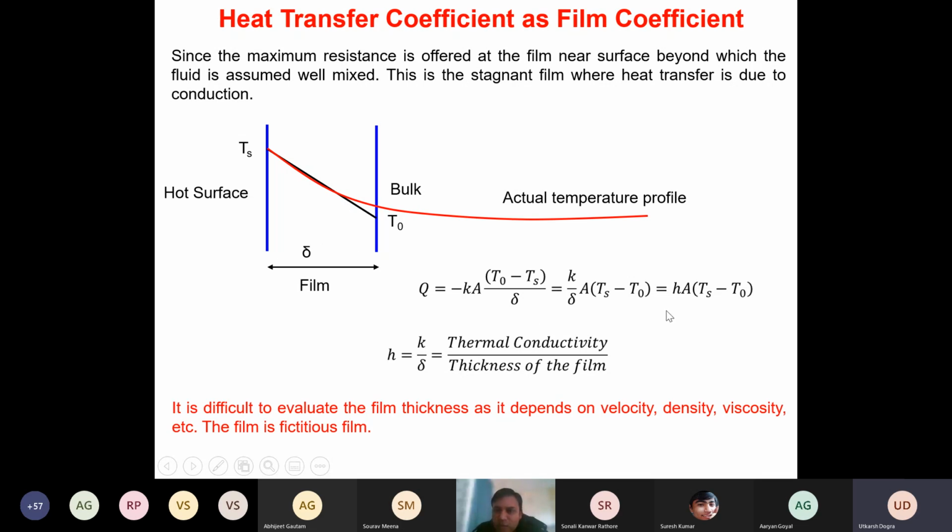And if you rearrange this equation, what we get is k divided by delta, A into Ts minus T naught, and k divided by delta we can represent as h. So this is also one of the derivations of Newton's law of cooling, isn't it? This Newton's law of cooling we have derived from Fourier's law of heat conduction. Can you see?